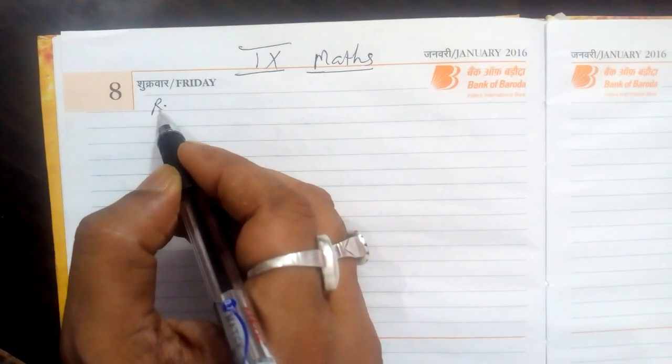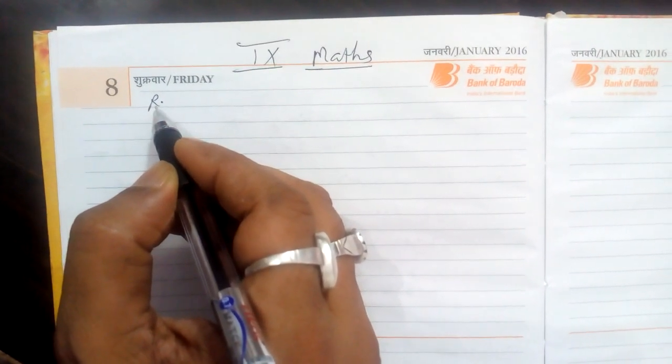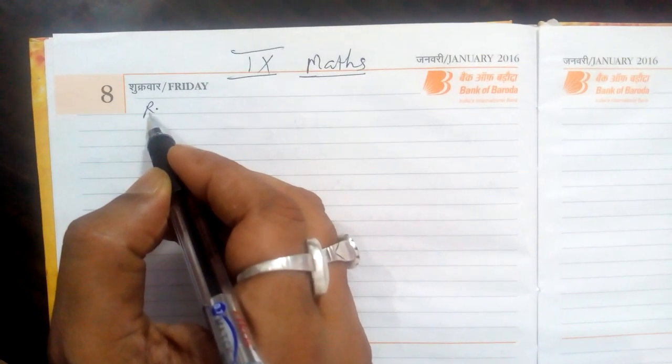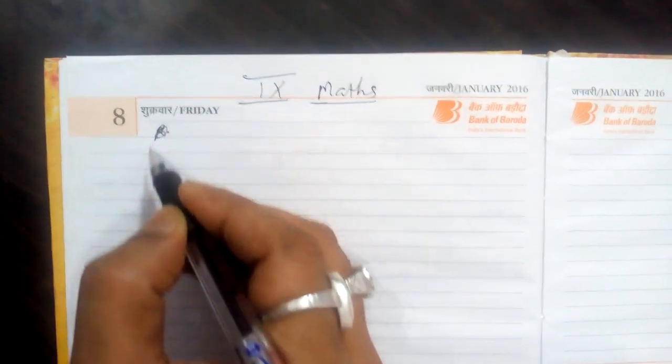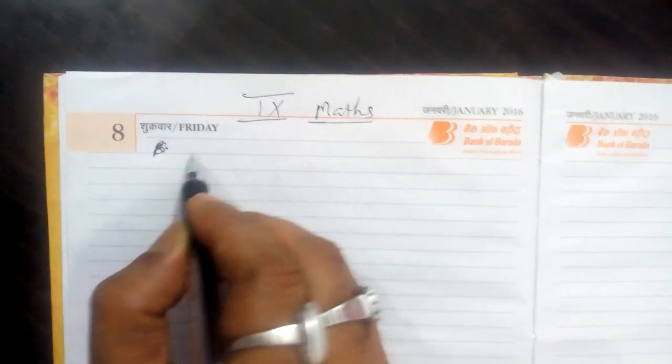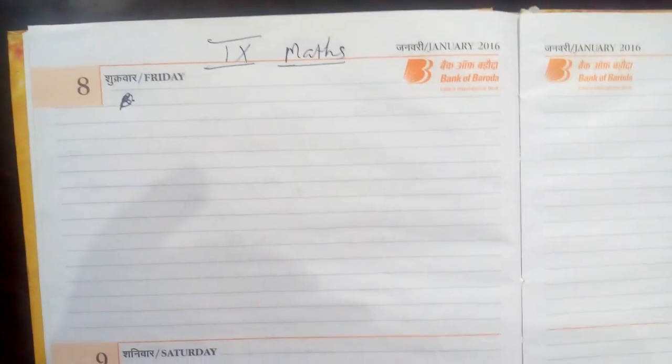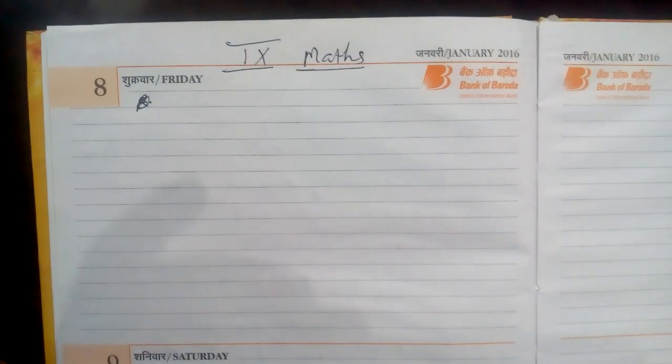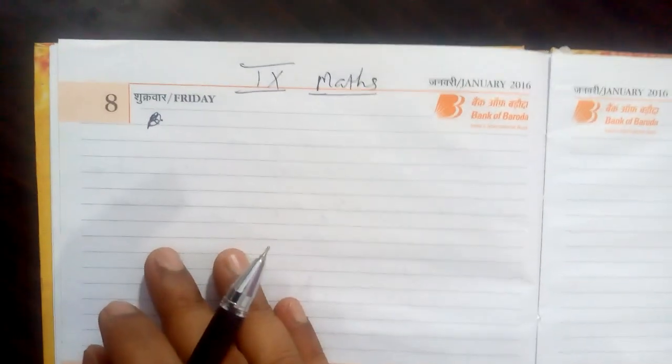You know in the previous class how many fractions there are between any two numbers. That you finished in class 8. Write 5 rational numbers between this and this.